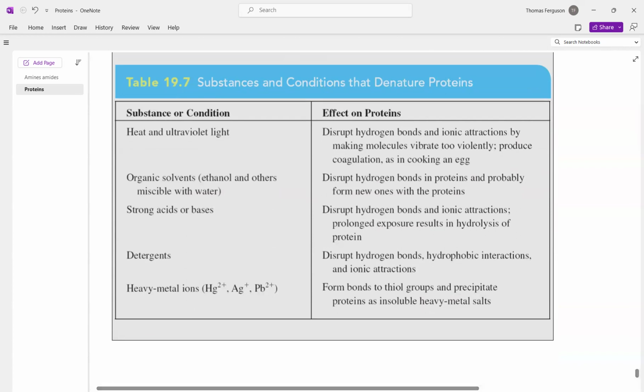So we have heat. Now these are situations that will denature a protein. Okay, heat and ultraviolet light. So when you go out in the ultraviolet light in the sun, that sun denatures the protein on your skin. When we change the solvent that the protein is in, its shape will change.